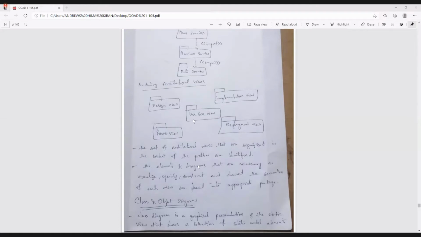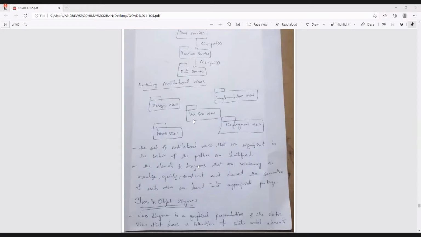One more thing: for each and every individual view, there will be some diagrams associated with it. For example, use case view can be associated with only use case diagrams, whereas design view as well as process view can be a combination of use case diagrams and class diagrams. Each individual view is composed of various diagrams.